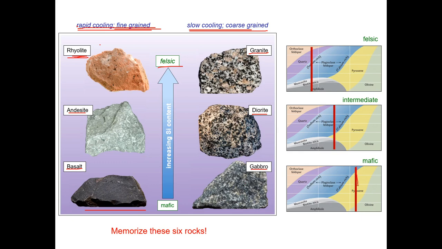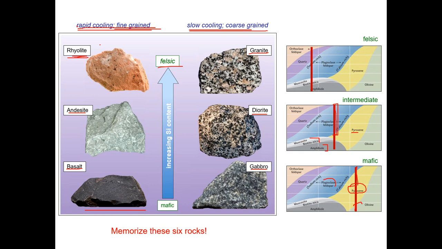That means they're going to have a lot of pyroxene, and you can see this line passes through. They're going to have some olivine. They're going to have some plagioclase. Your intermediate rocks are going to be mostly plagioclase, but they might have a little pyroxene, a little mica, and some amphibole. In fact, they probably will have amphibole.